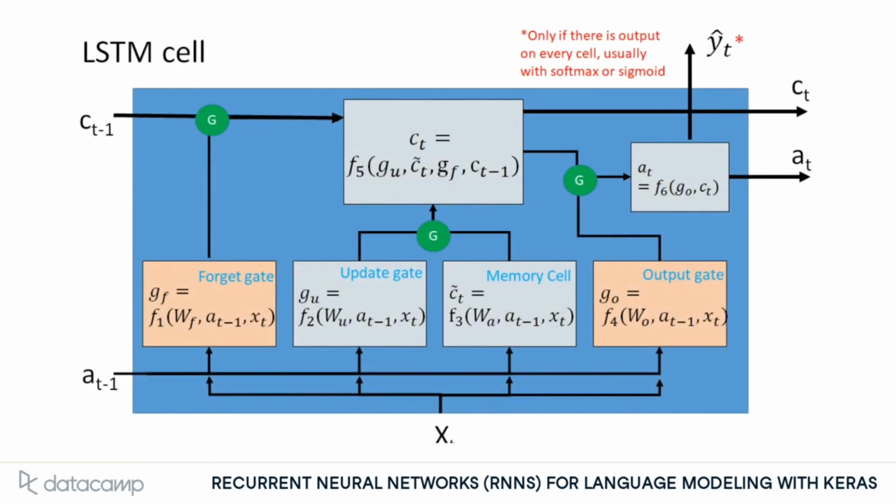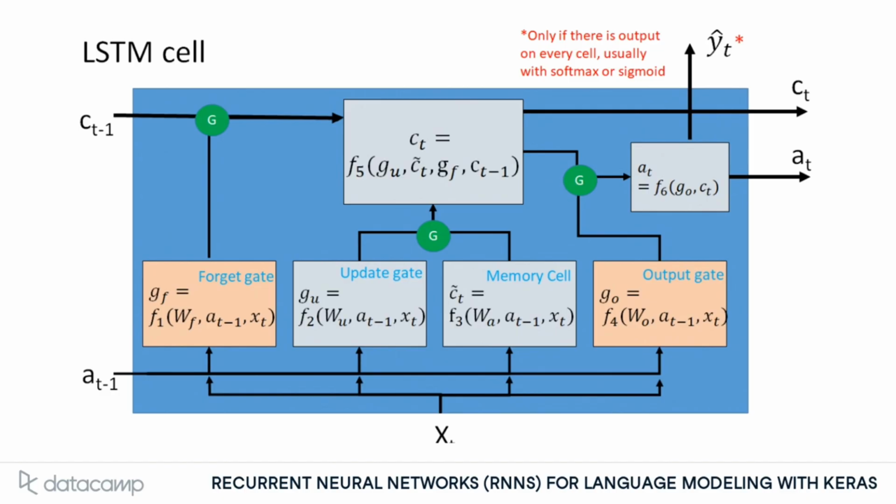LSTM was first proposed in 1997 and adds 3 gates to the vanilla RNN cell. The forget gate, GF, determines if the previous state CT-1 should be forgotten, meaning to have its value set to 0, or not.